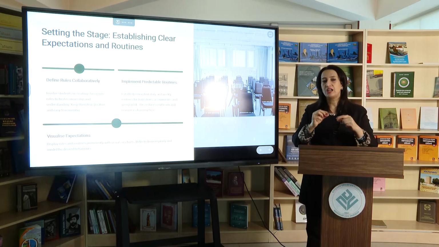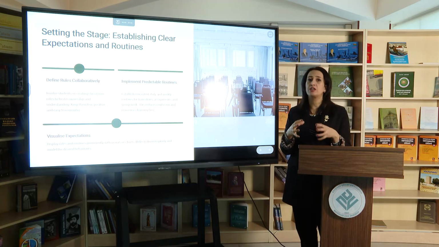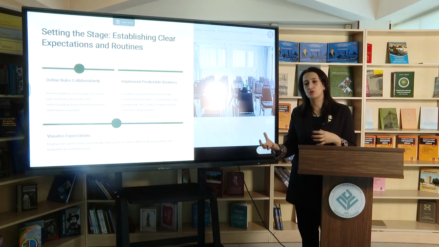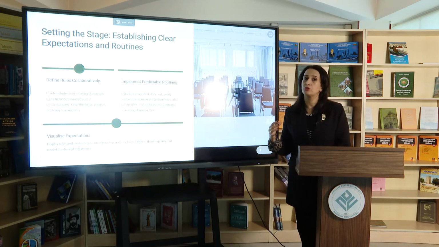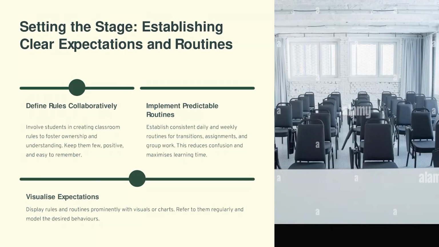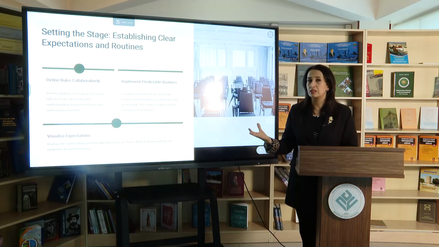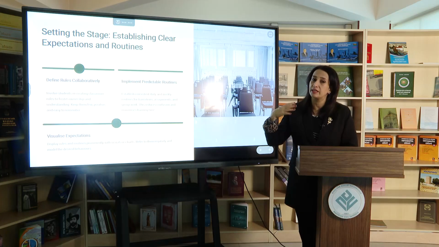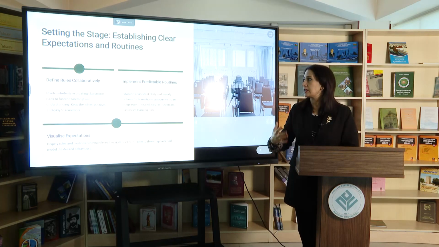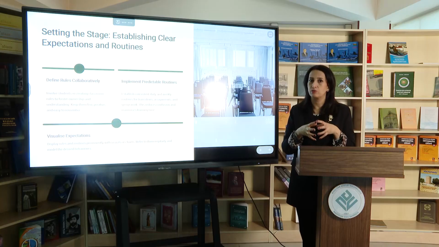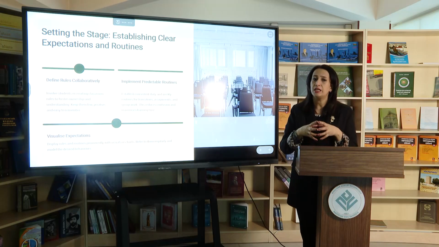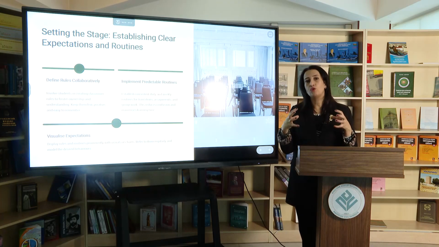That's why we try to decide our rules with our students. We need to discuss these rules with them, and they should give their attention to these rules, and they will give their comments or other things. If we collaborate with our students, it will be better for all of us.